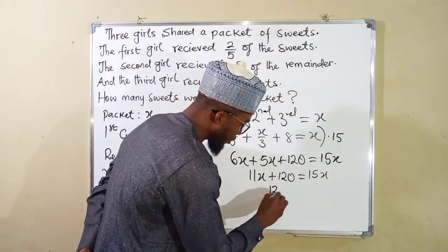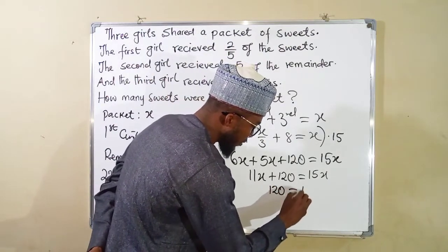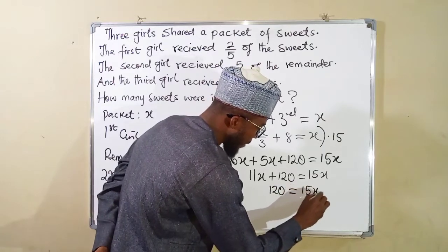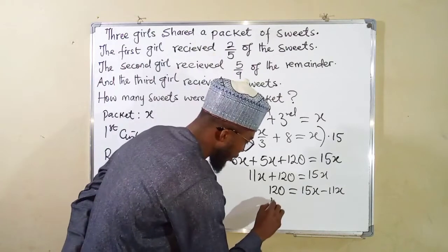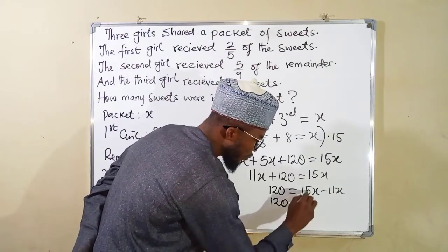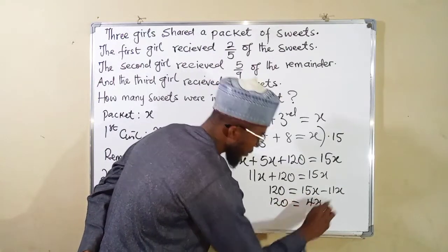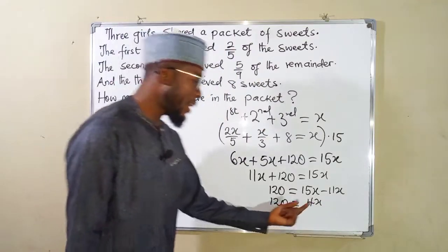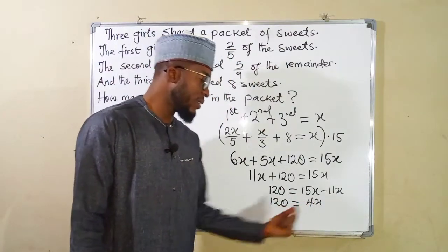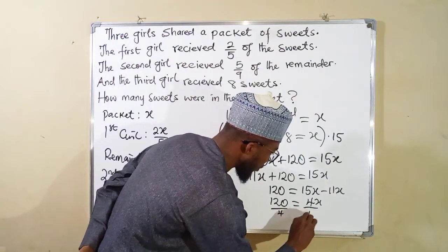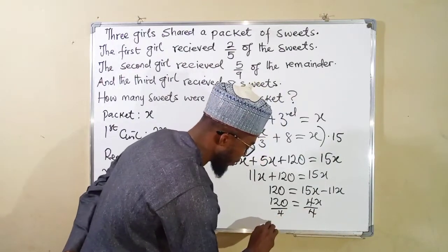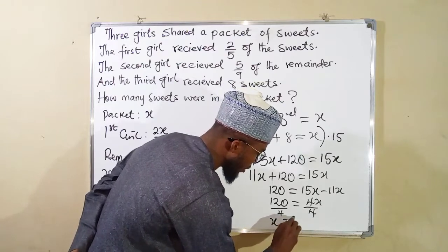So we have 120 equals 15x minus 11x. 120 will now be equal to 4x. To find the value of x, we divide both sides by 4. And finally, x is equal to 30.